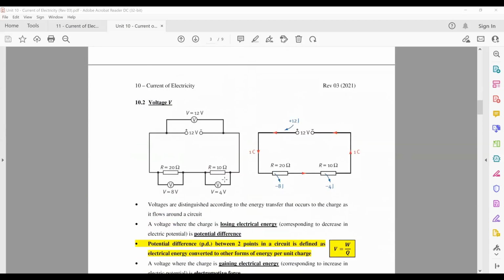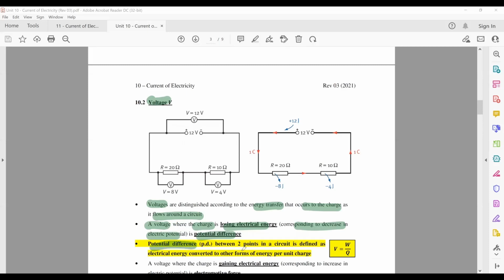Then we go to the next property that you need to know, which is voltage V. Voltages are normally distinguished according to the energy transfer that occurs to the charge as it flows around the circuit. This is similar to the analogy that I gave you just now. A voltage where charge is losing electrical energy, corresponding to a decrease in electric potential, is potential difference.